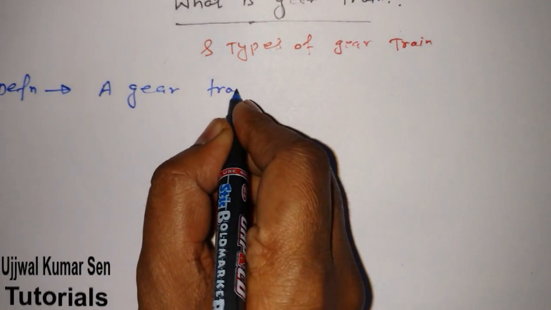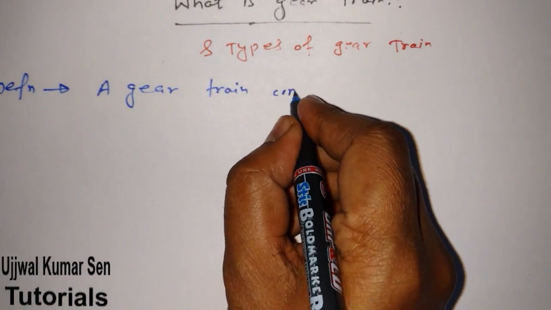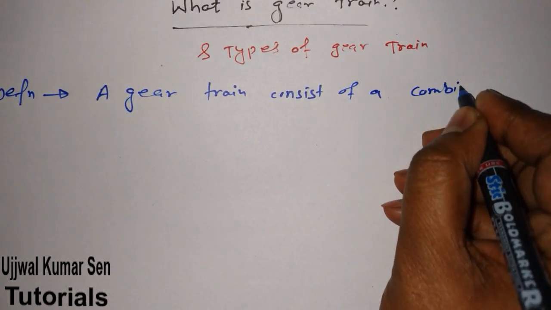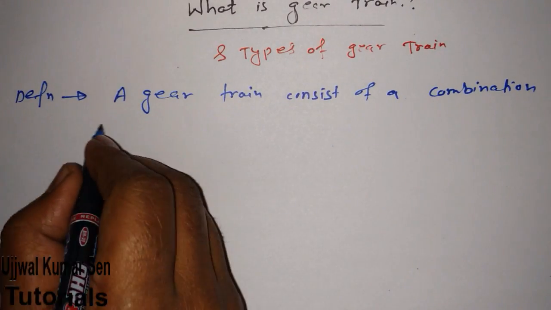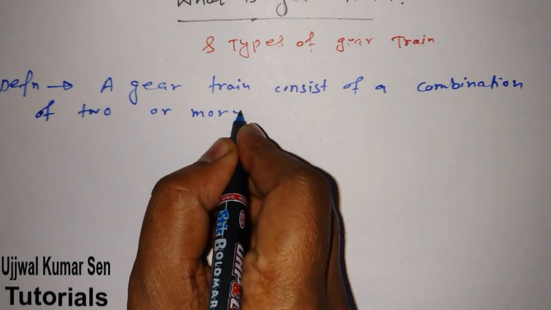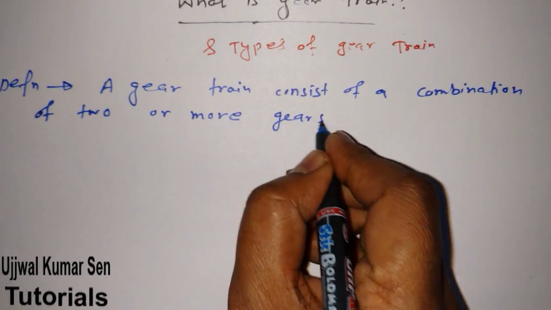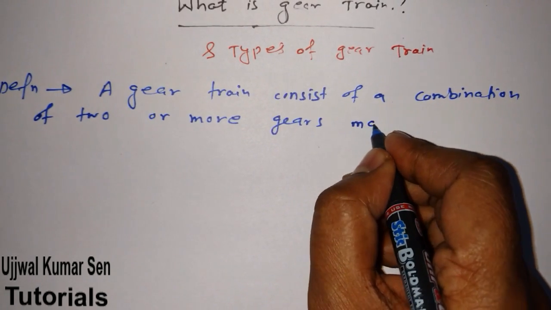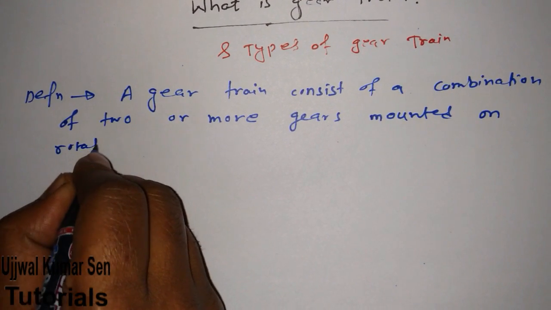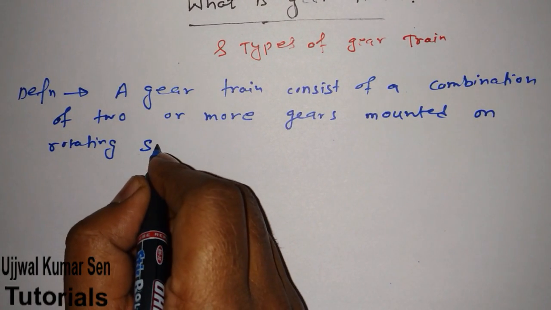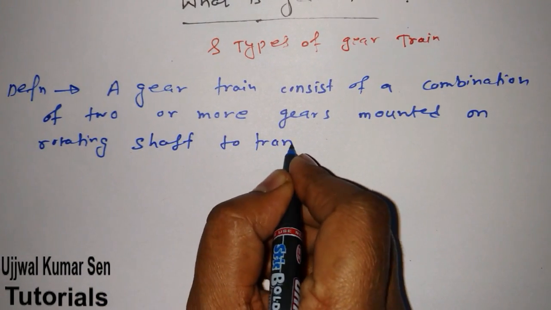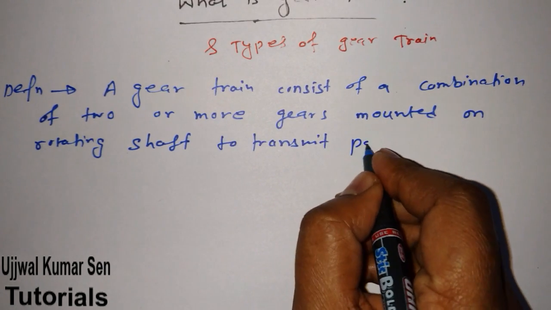A gear train consists of a combination of two or more gears mounted on a rotating shaft to transmit power.